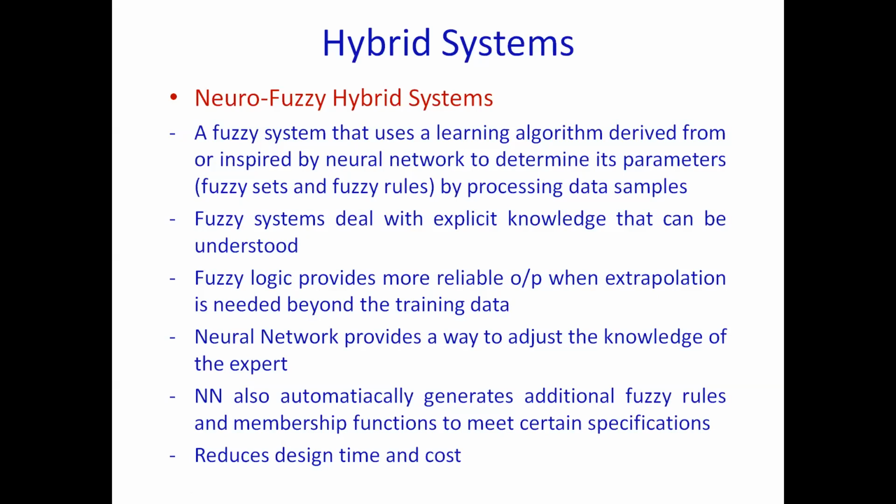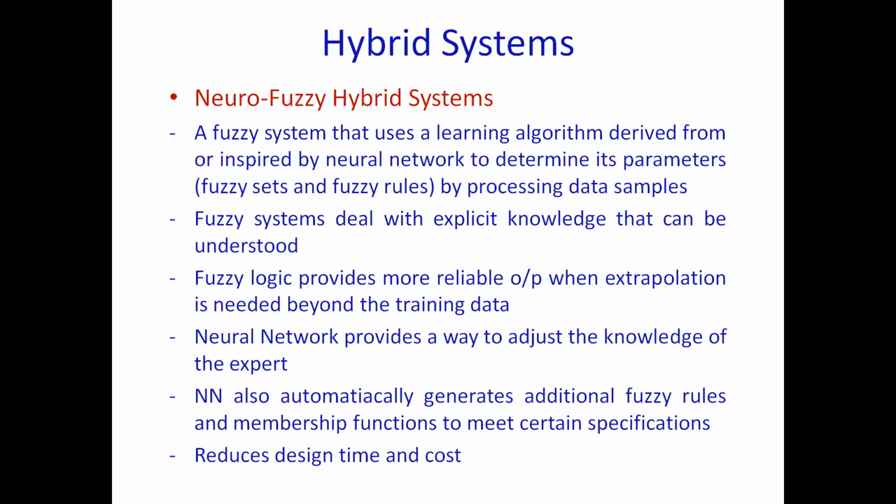One is neurofuzzy hybrid systems, another is neurogenetic algorithm hybrid systems, or you can say neurogenetic hybrid systems, whatever it may be. And the third one is fuzzy GA hybrid systems, or fuzzy genetic hybrid systems. We are going to discuss them one by one in a very brief manner, starting with neurofuzzy hybrid systems.